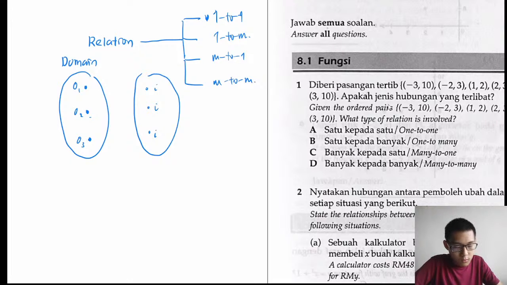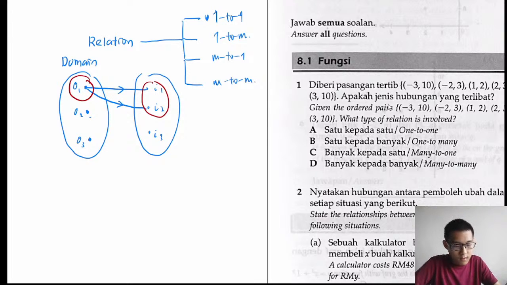If 1 to many, that means one object can match with different images. Let's say we have this one O to I, and then suddenly we have another O to I1, I2. So this is 1 to many, one object to many images.